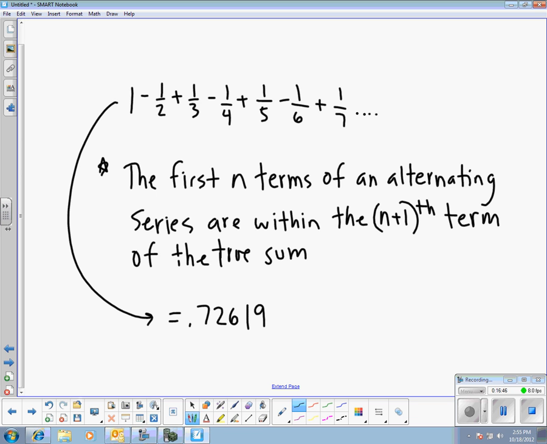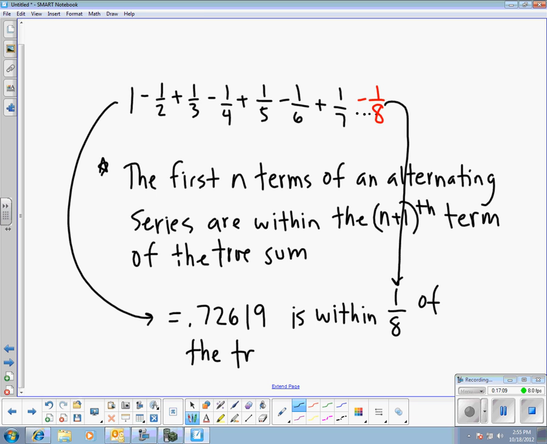Now, how close is that to the actual sum of this convergent series? Well, within whatever my next term would have been. My next term is negative 1/8, and the plus or minus of that next term doesn't matter. However many terms I decide to add up, I'm within the next term of the actual answer. So 1/8 is 0.125.